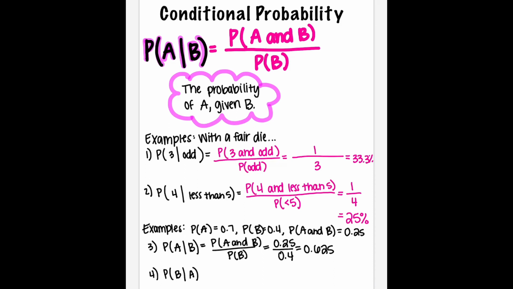You could leave it as this decimal, or you could change it to a percentage, so that would be 62.5%.